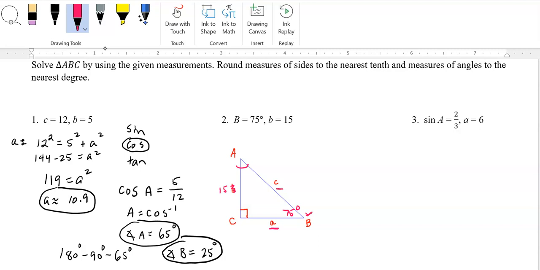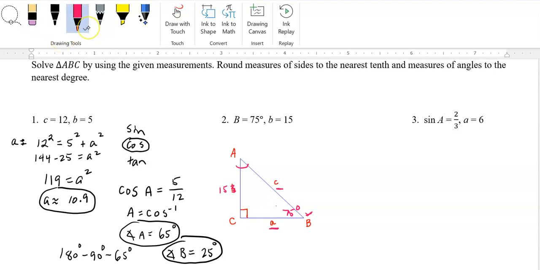All right, for example, if I look straight across, I've got the opposite side measurement, and I'm trying to find the adjacent side. Well, the trig function that is described as opposite over adjacent is tangent. So I could do tangent 75, and that would get me my answer after I do the math.